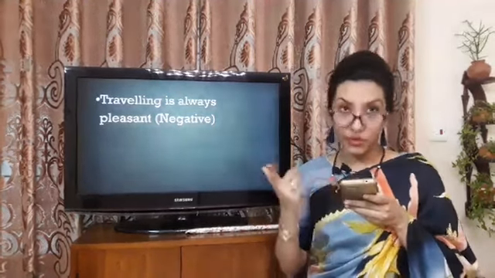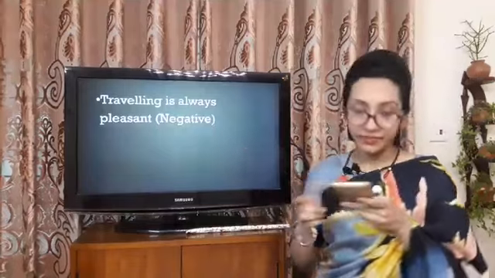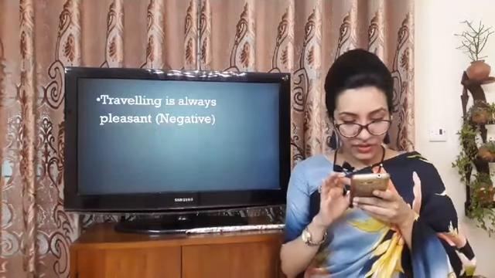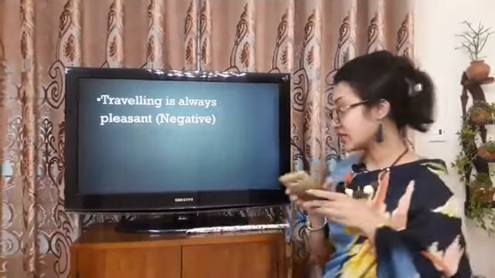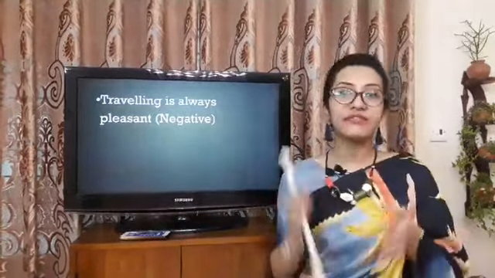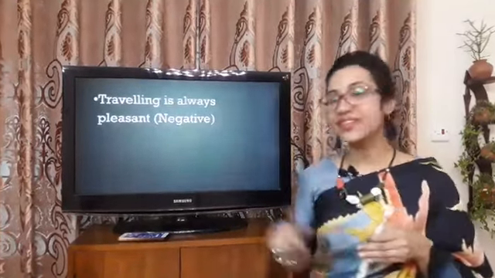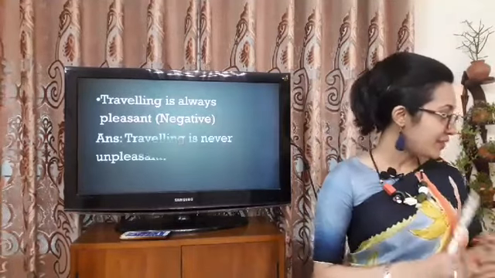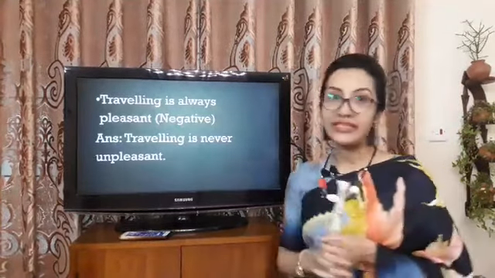Good one, you have written "boring", fine. "Traveling is not never", again the same mistake. We don't need two negatives; we are just going to use one. We are not going to use "not", we are going to use "never". So the answer is going to be: traveling is never unpleasant.